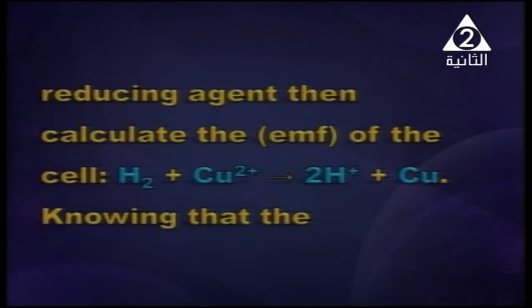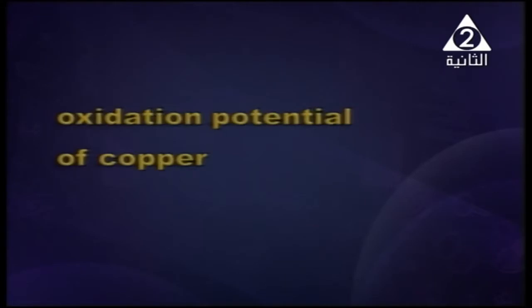Then calculate the EMF of the cell, and he gave you the reaction that occurs in this cell: H2 plus Cu positive 2 to give 2H positive plus Cu, knowing that the oxidation potential of copper equals negative 0.34 volt.